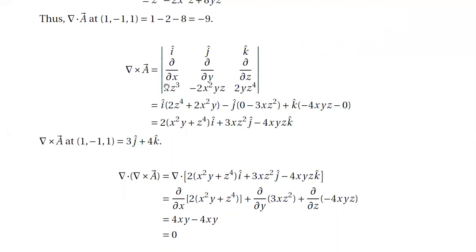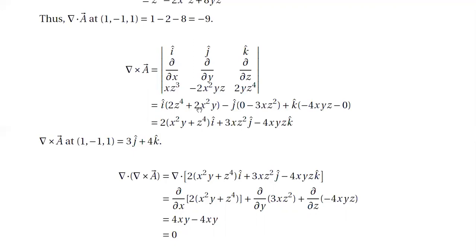So if you calculate this, you get i into, leaving the first column and the top row, ∂/∂y of 2yz⁴. If you partially differentiate this term with respect to y, you get 2z⁴. Then minus ∂/∂z of minus of this term, so the sign will be positive.